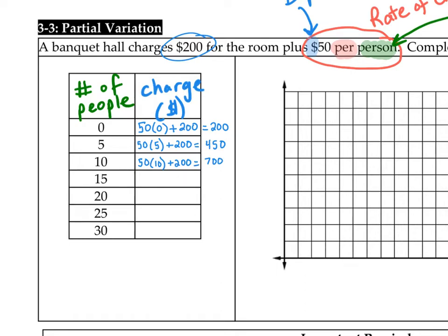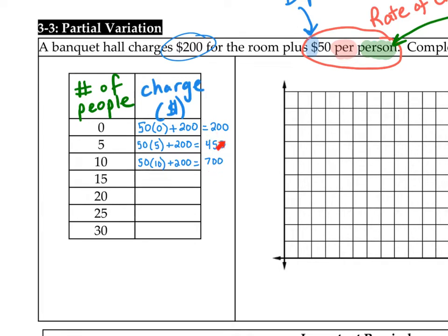Now you can continue to do this work for each of these rows. But one thing that we want to remember, just like direct variation, partial variation will form a straight line, which means the first differences in these numbers will be equal. And if you remember, the first differences is what do these numbers go up by each time.